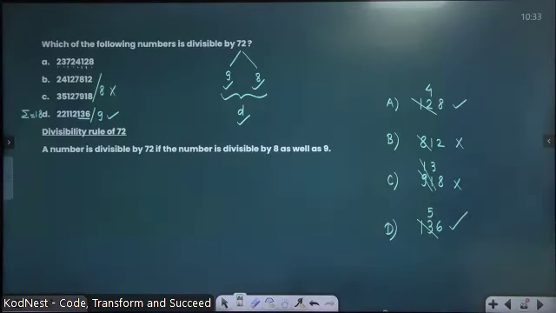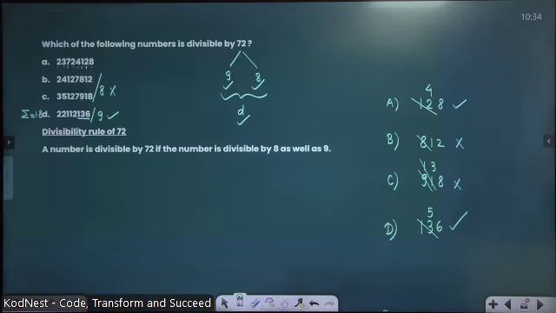Rakshita, what is the sum of digit of D option? Sum of digit of D option. 18. So divisible by 9.